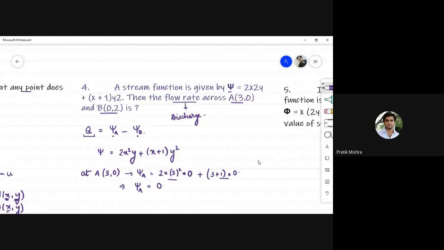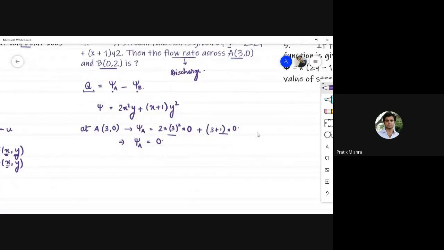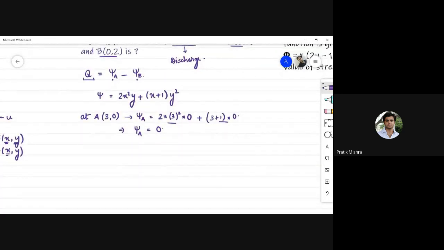Next, the value of psi B at point B, which is (0,2), is equal to 2 into 0 square into 2 plus 0 plus 1 into 2 square.